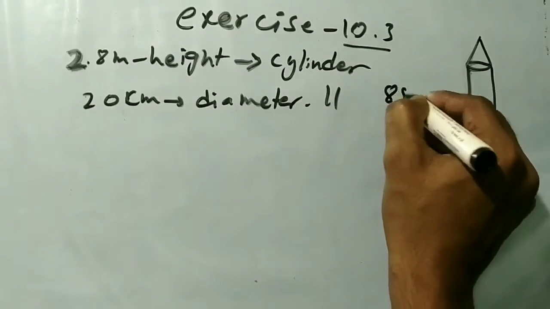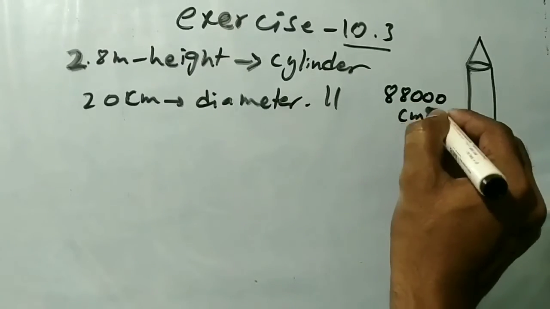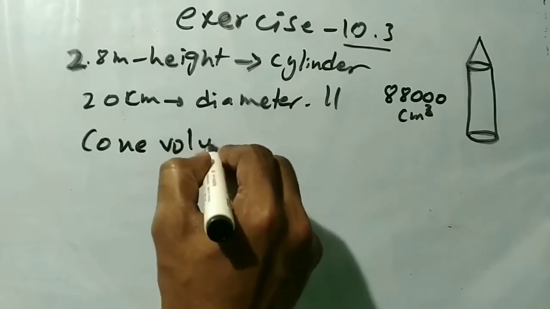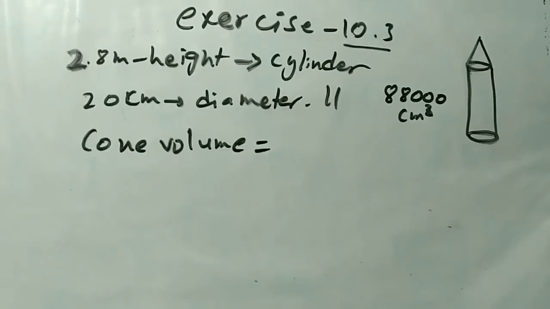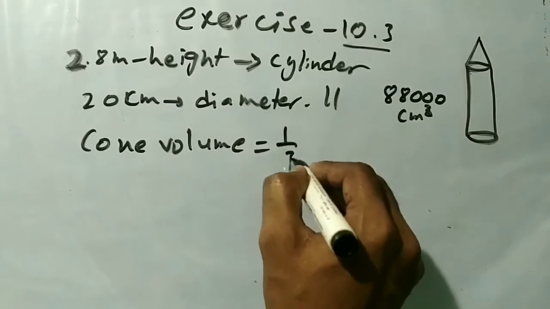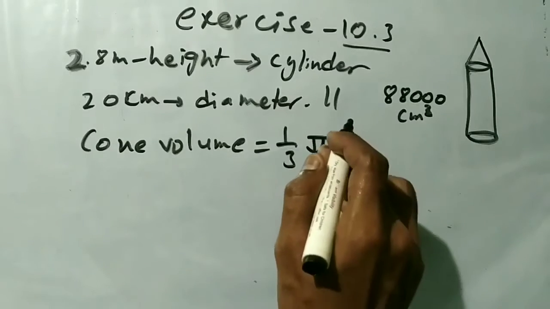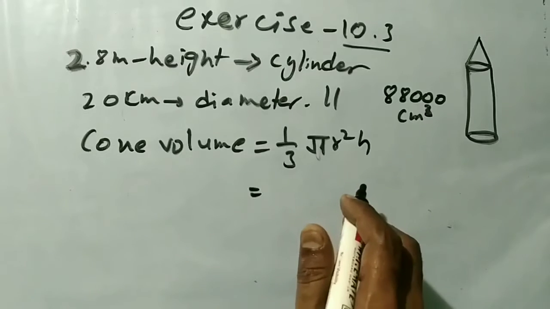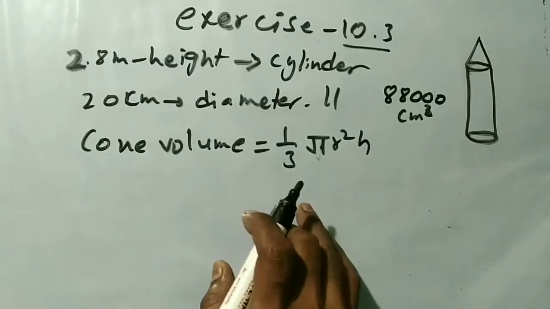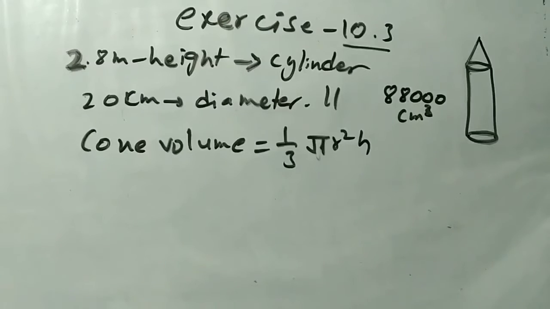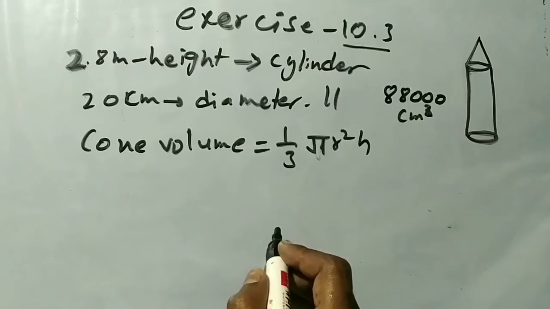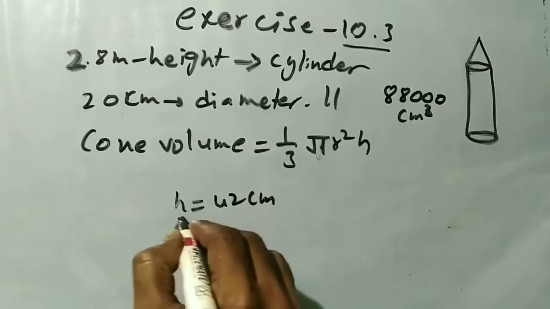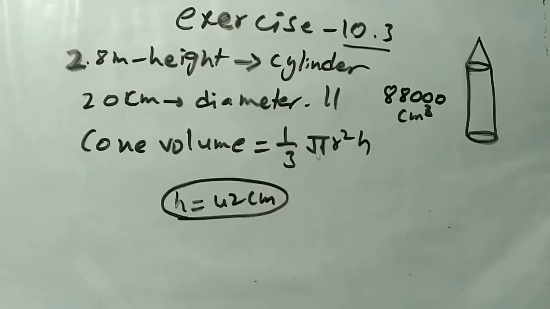I will write here 88,000 centimeter cube. And we have to find the cone volume, which is 1 by 3 pi r square h. In the question they have given 42 centimeters as the height of the cone, and we take 10 as the radius.